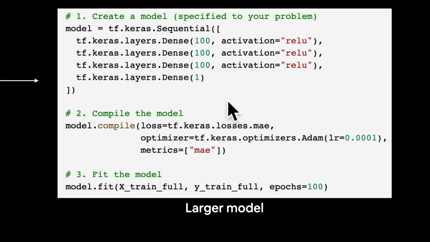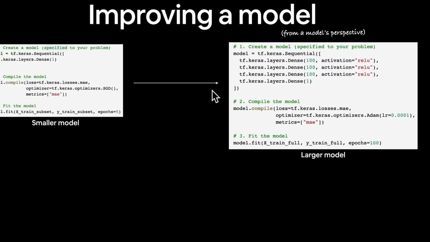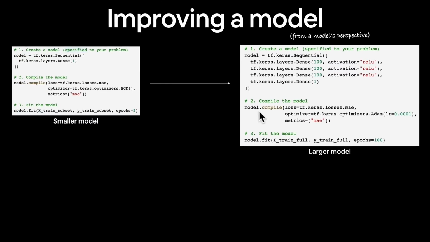You can just adjust one thing on your model, try it out, and see how it goes. In fact, that's how I would like you to run your experiments, is many, many small changes rather than always doing extremely large changes. Because otherwise, if you do too big of a change, you might not be sure what caused the improvement or non-improvement of your model.